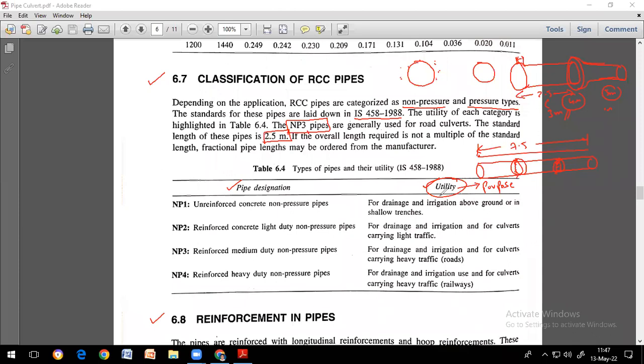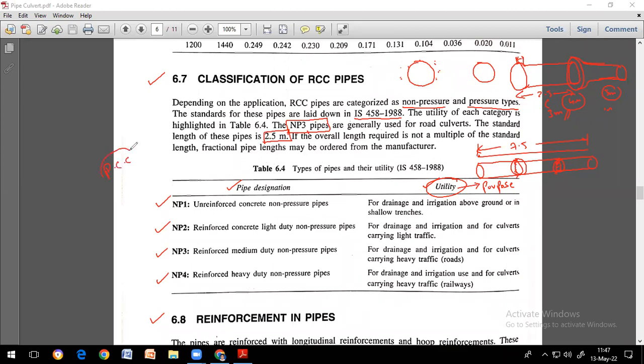So here utility is nothing but purpose. As I told you, these are the four different types of notations: NP1, NP2, NP3, and NP4. The pipes are notated like this. The first one is unreinforced concrete non-pressure pipes, the pipe which doesn't have any reinforcement inside, something like a PCC pipe.